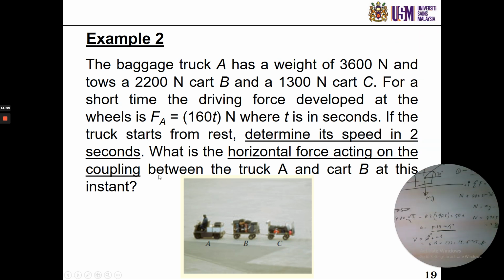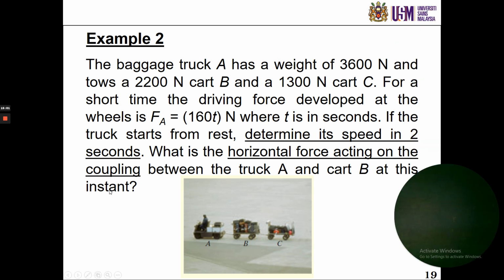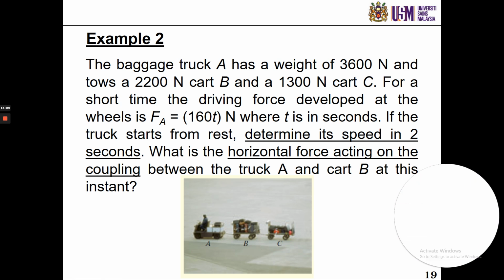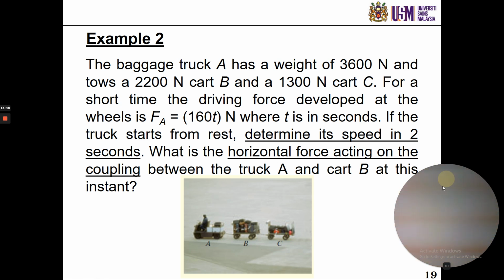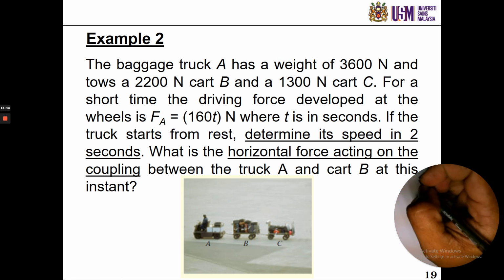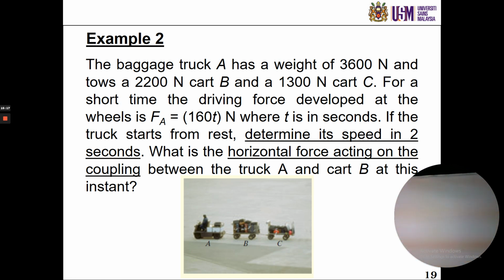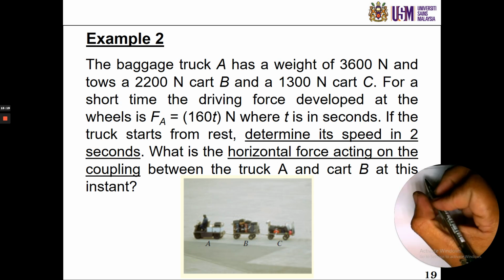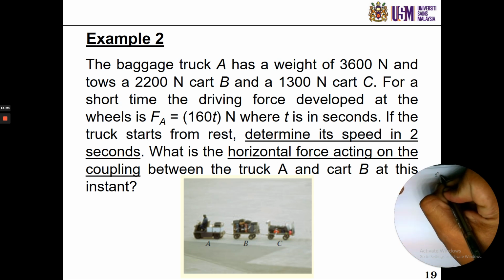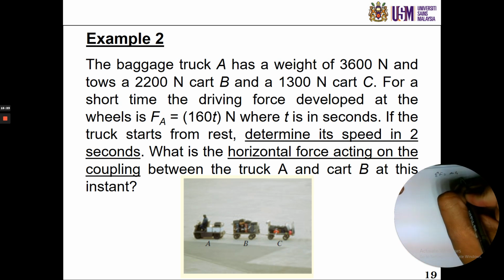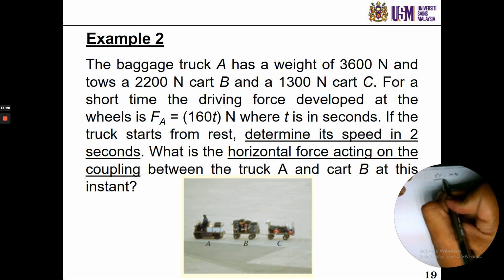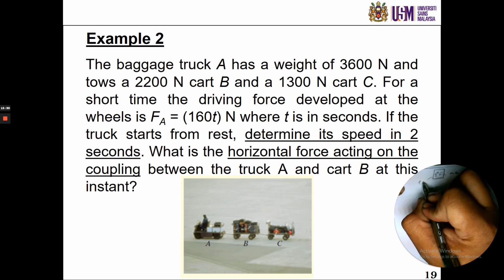This is a little bit more challenging. I need a fresh paper. So there's a baggage truck. This example is testing you on the thing I just said. I said Newton's second law: the sum of forces equals MA, right? However, this force is external.